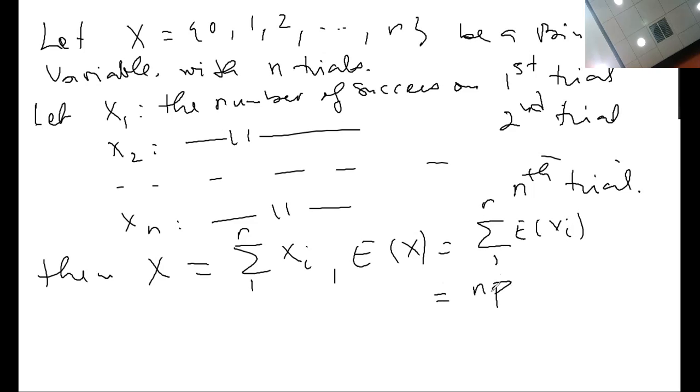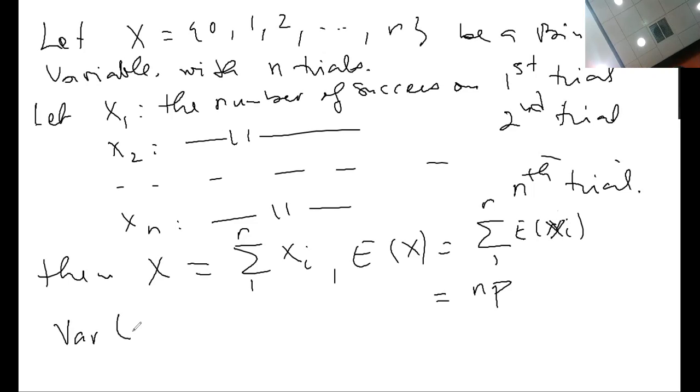This is because xi is a Bernoulli random variable. We learned that the Bernoulli random variable has mean p and variance pq. So we will have E of xi equals p, and there will be n of them. That's why we get the np.